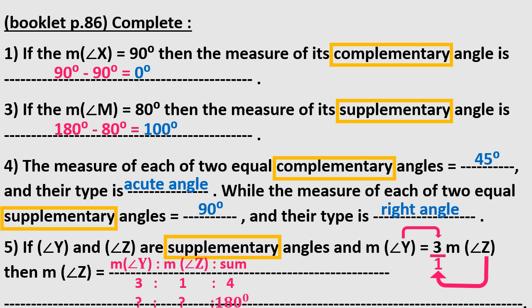The sum of the ratio equal 4. Supplementary means 180. To find measure angle Y, I will solve by cross multiplication. 3 times 180 divided by 4. If I want to find measure angle Z, 1 times 180 divided by 4. It will be 45.